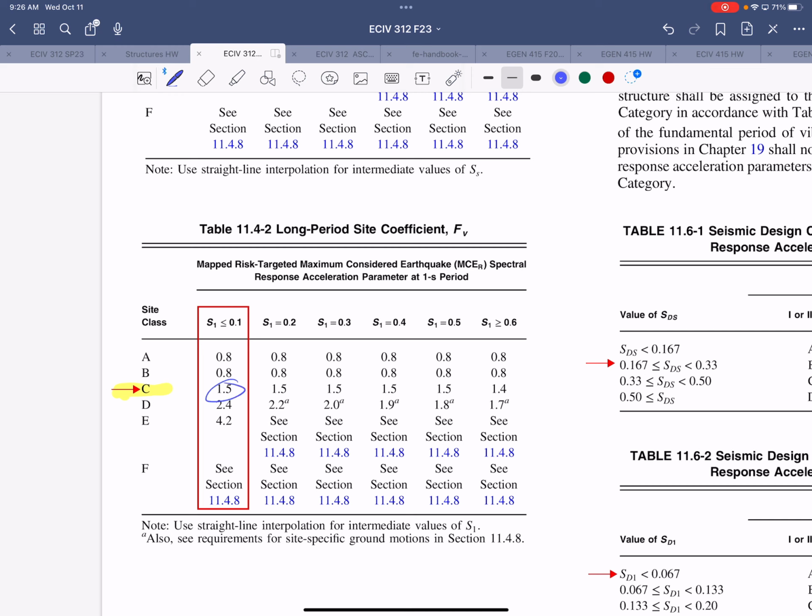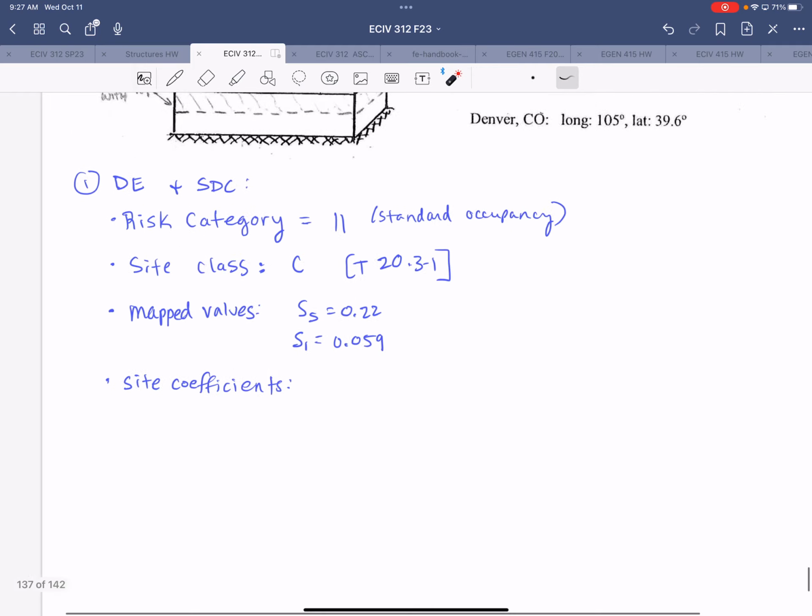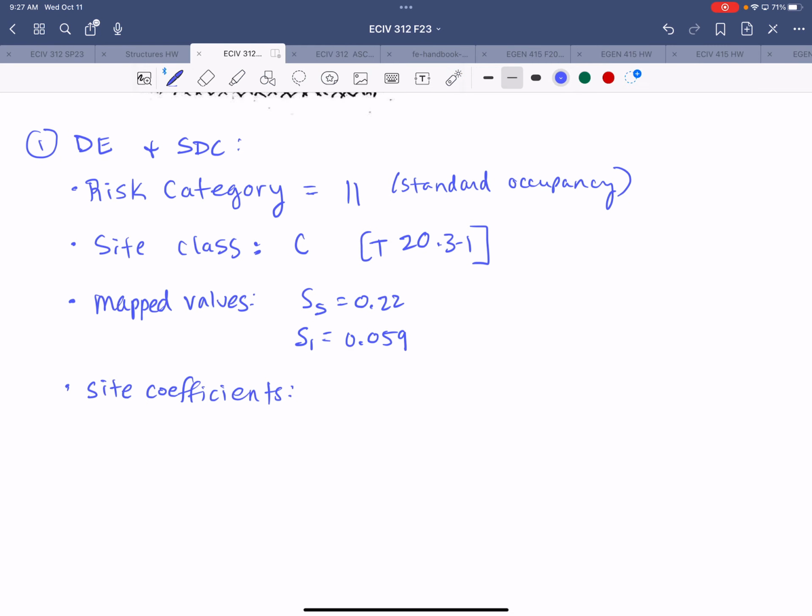So we use 1.5. And remember, if you fall in between the columns, you may need to apply linear interpolation. So just keep that in mind. All right, so FA is 1.3 and FV is 1.5. So these are from tables 11.4-1 and 11.4-2.